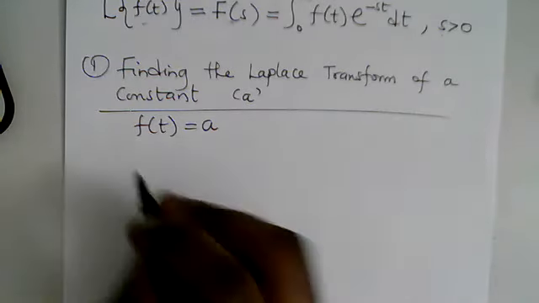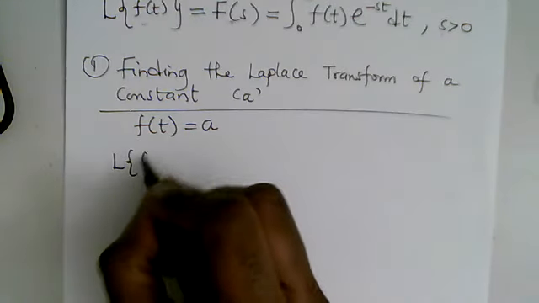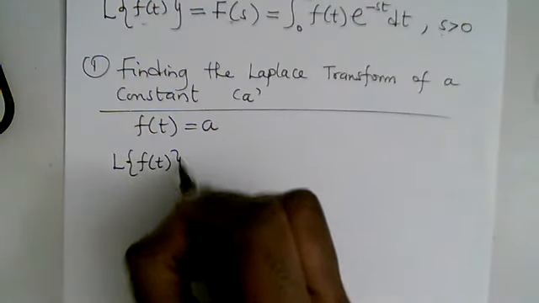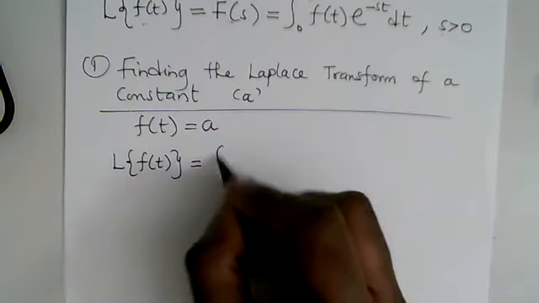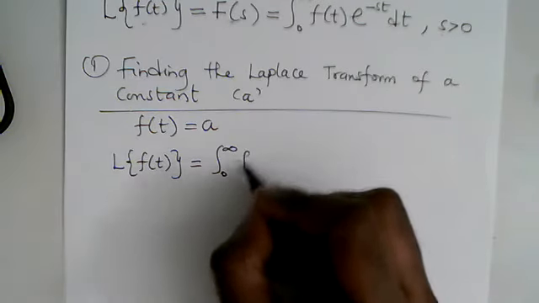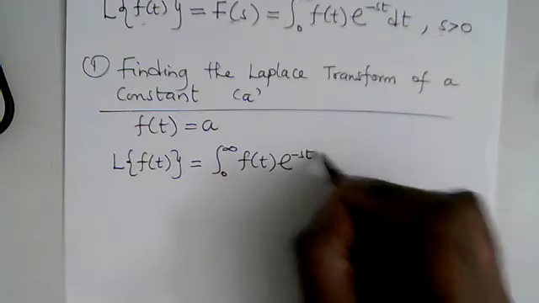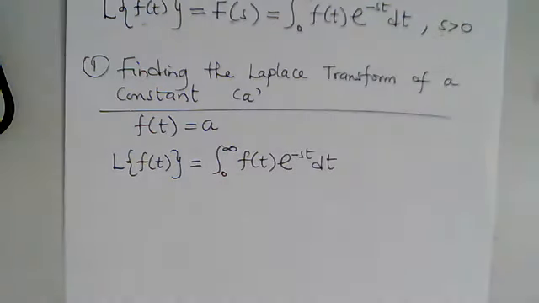All right, so I'll first put down my definition. So the Laplace of f of t is giving us an integral running from 0 to infinity f of t e to the power minus st dt.